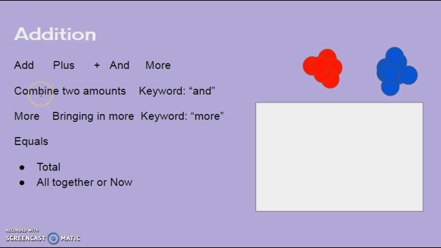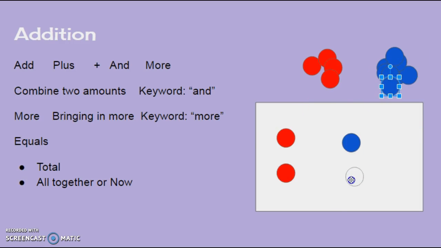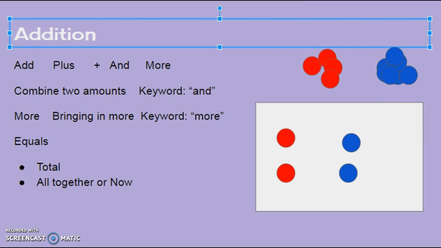First of all, to combine usually means that there's going to be two amounts. So for example, I might have two red fish in the pond and I might have two blue fish in the pond, and I might be asked how many fish are there all together now.